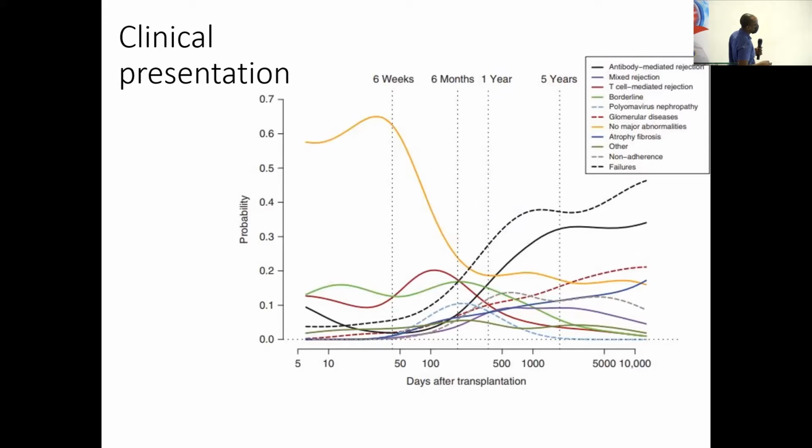And this essentially explains the rates of graft loss long-term. And this has been actually found in almost all transplant centers. And I think Dr. Koech mentioned about this, that rejection still remains a problem despite all the advances that we have in treatment.